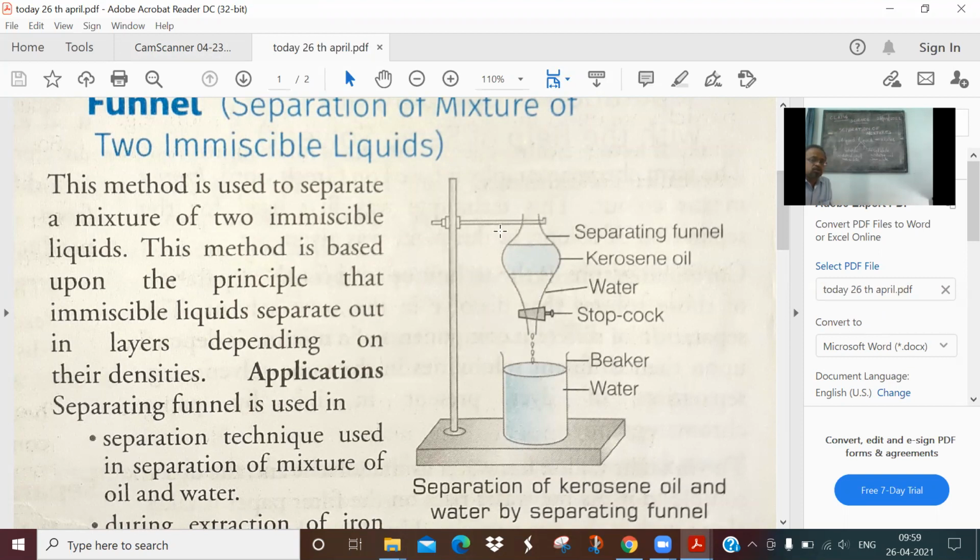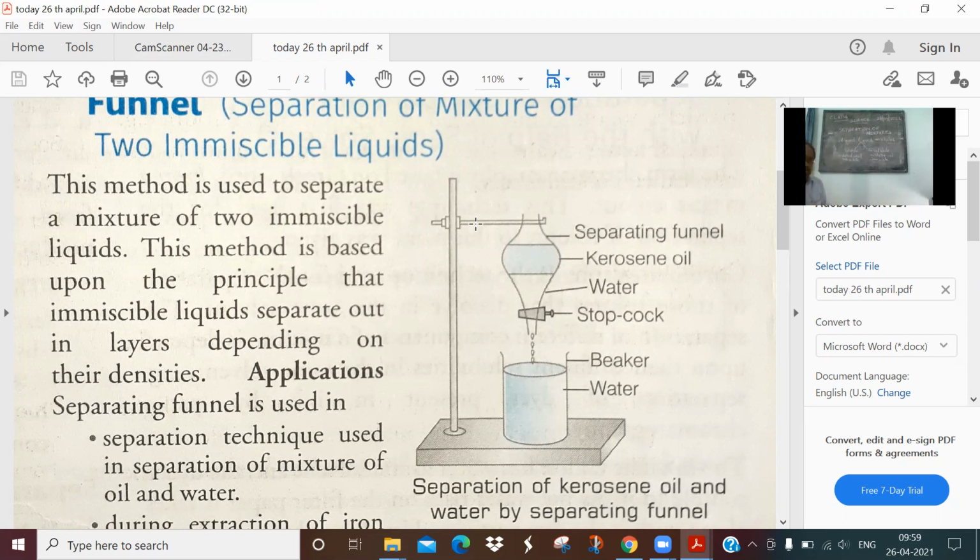The insoluble liquid mixture is taken in the separating funnel as shown in the figure. Now, the kerosene oil forms the upper layer, followed by water below, because water is heavier.